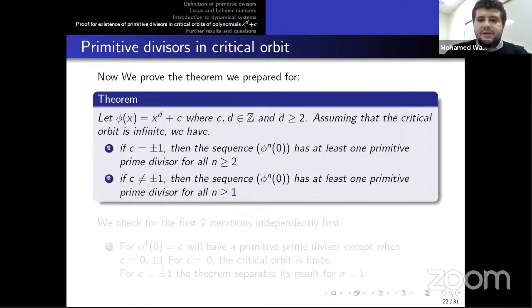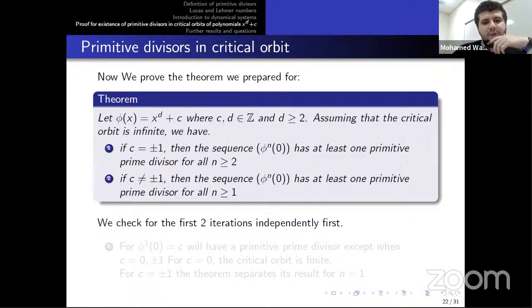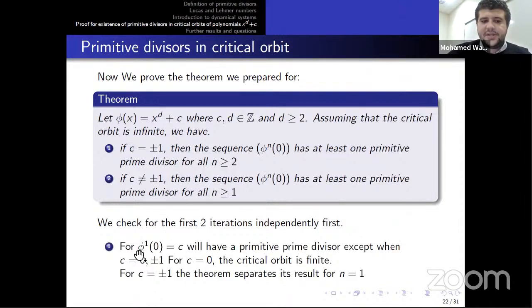Now we come to the theorem. Having that phi(x) is equal to x^d + c, we will check this first. In here we separate the first two iterations. For the first iteration, phi_1 of 0 is equal to c. So this will not have a primitive divisor only if this is 0 or plus or minus 1.